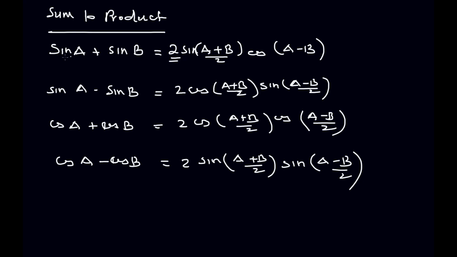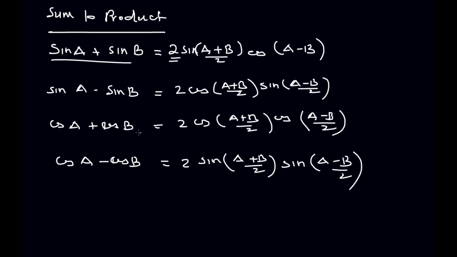The sum is here, and the product is we're multiplying these two. So let's look at this one: sine A minus sine B is equal to 2 cos, that addition there and that subtraction there. So the product here is cos and sine. Here there's a difference.